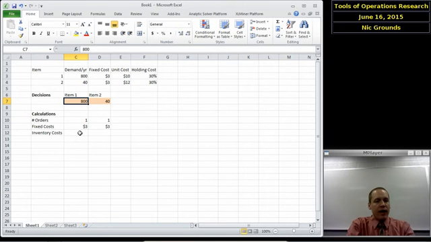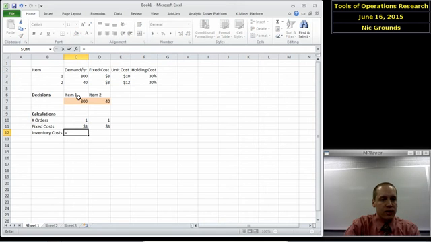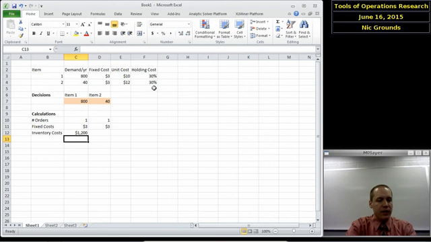If we have half of that order amount on hand on any given day, we multiply that by the unit cost and the holding percentage of that unit cost to determine inventory cost. So we take the order quantity divided by 2, multiply by the unit cost, multiplied by the holding cost. And that gets us our inventory cost for that item.